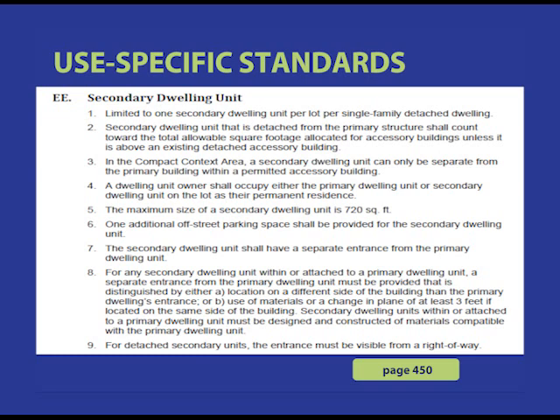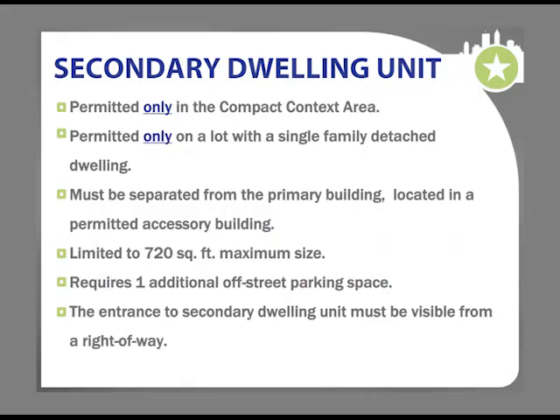Remember, this is a second unit. The key provision, it's limited to one secondary dwelling unit on a lot with a single-family detached dwelling. That's the only kind of primary building you can have with a secondary dwelling unit.